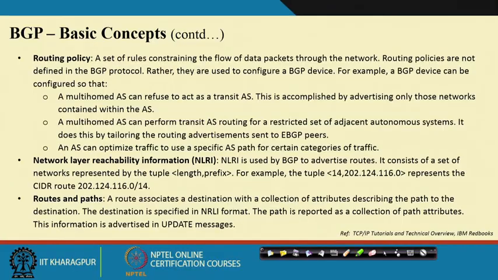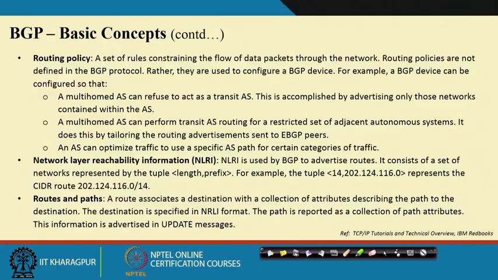For example, a tuple like /14 with a prefix represents a CIDR route. So, it is network layer reachability information, meaning which portion or which domain of the network you can access, right. In this case, /14 is the length.